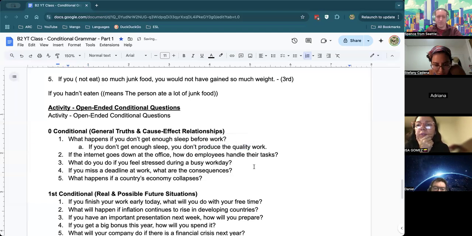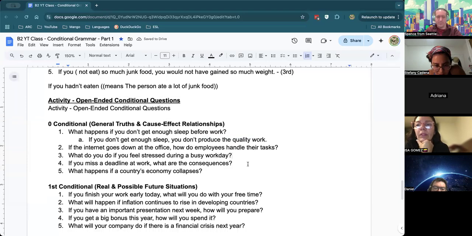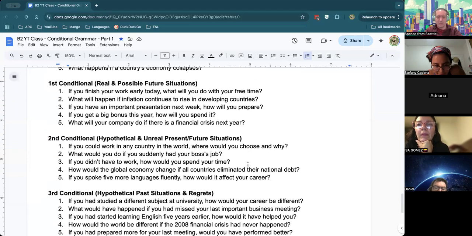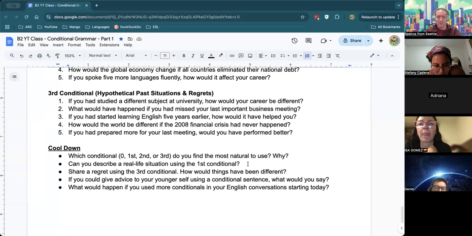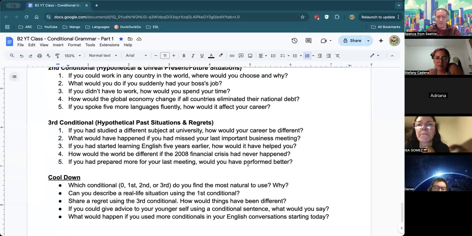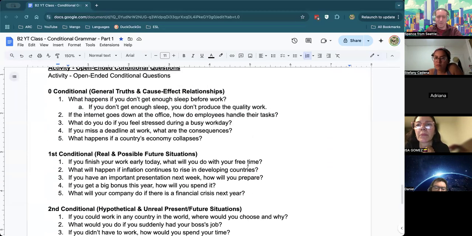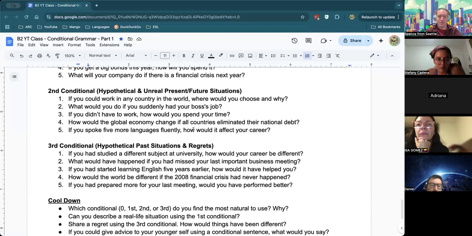Okay, perfect. Yeah, so I will share this document with you that has all the questions. But you can see that with zero conditional, we had present tense and then present tense because it's something that's like a universal truth or a general truth. Okay.